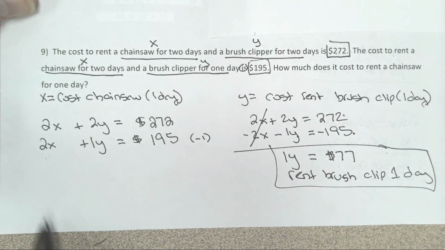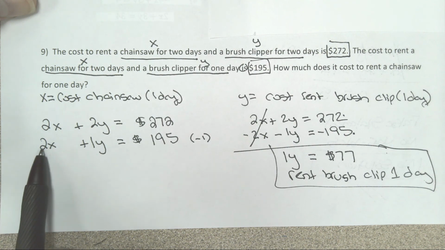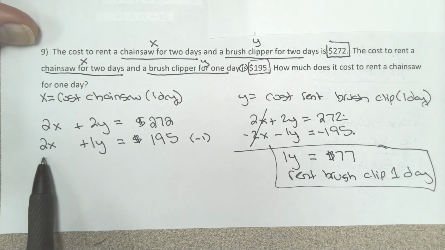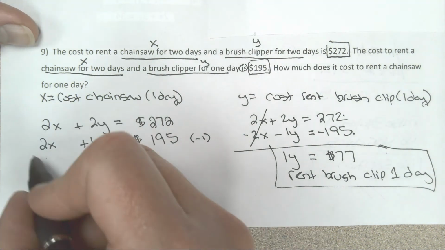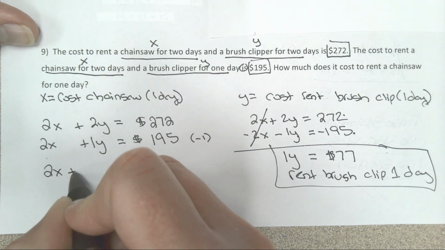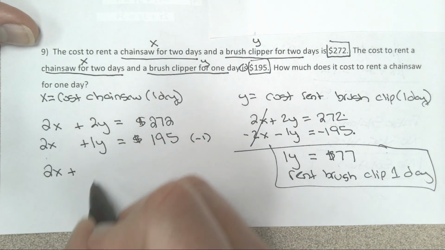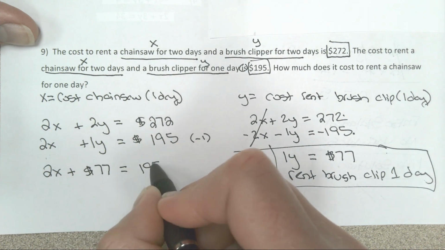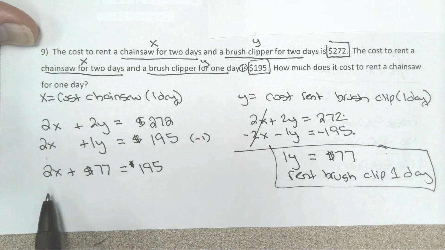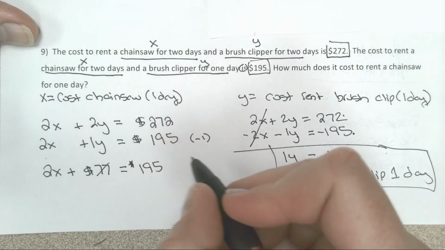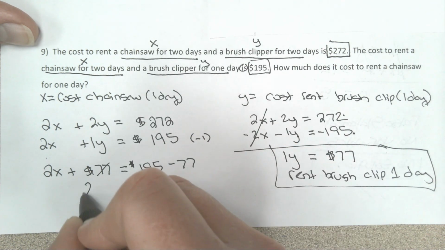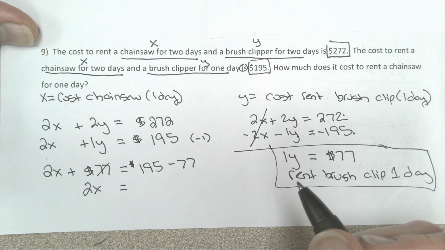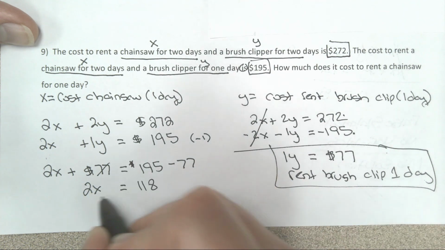But the point was to figure out how much the chainsaw is. So I'm just going to use the bottom equation because I have more room here. So 2x plus 1y is the same as just 2x plus 77 equals 195. Solve for x, so subtract 77 over. That gives you 118.